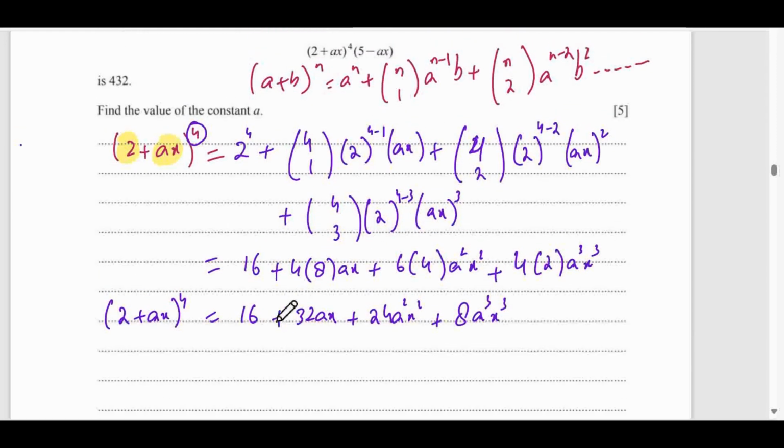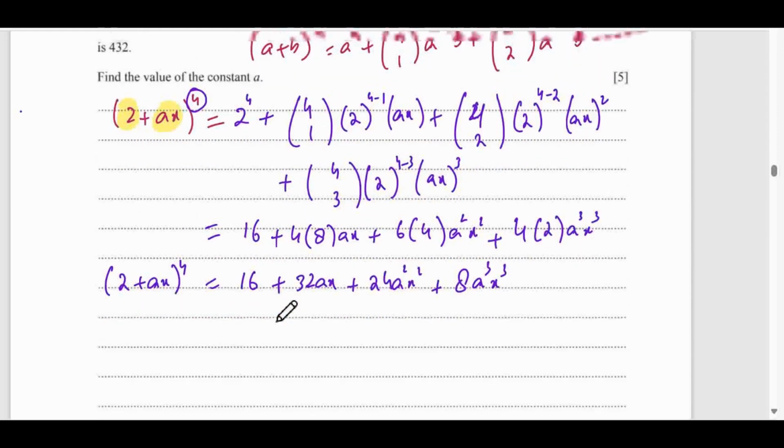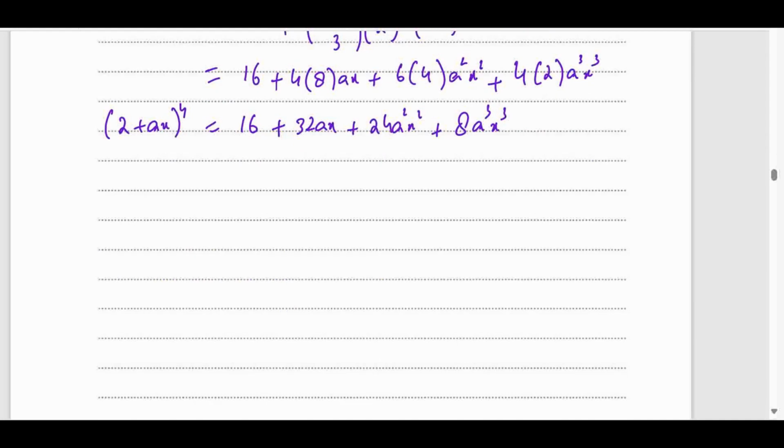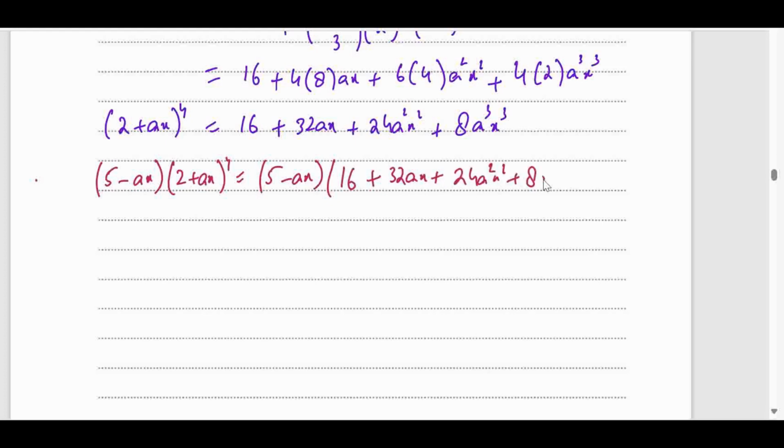Now we have to multiply it with 5 minus ax. So (5 minus ax) multiplied by (2 plus ax) whole power 4 is equal to (5 minus ax) multiplied by 16 plus 32ax plus 24 a square x square plus 8 a cube x cube.